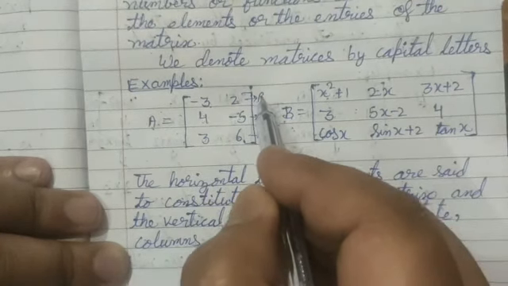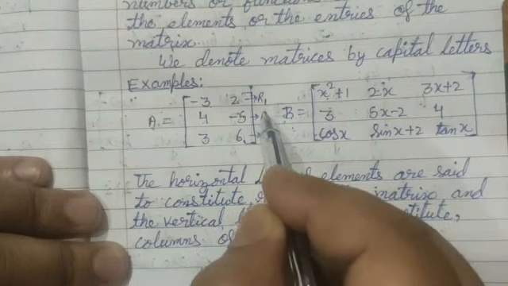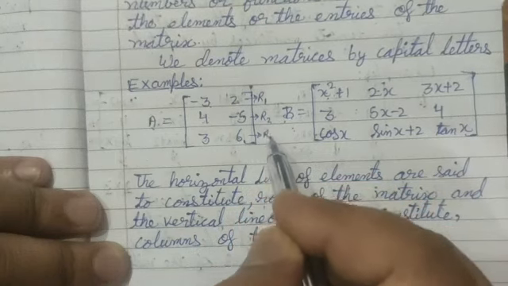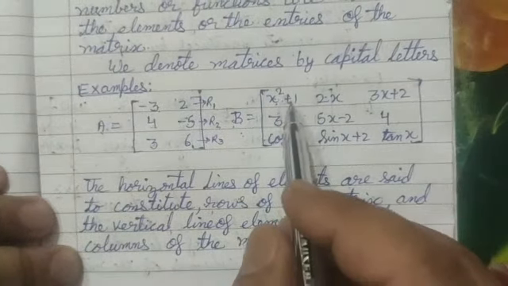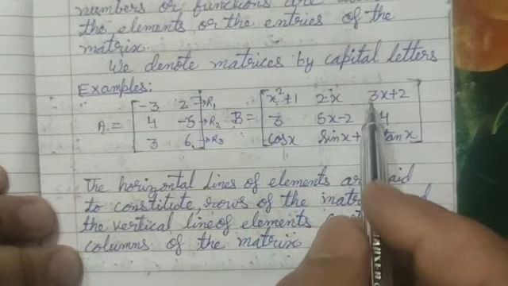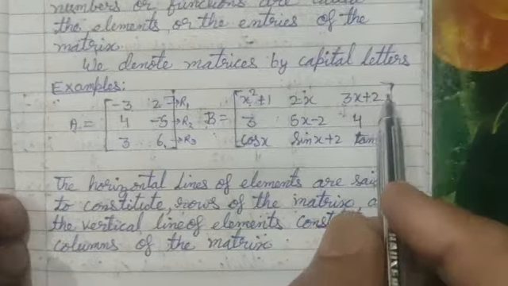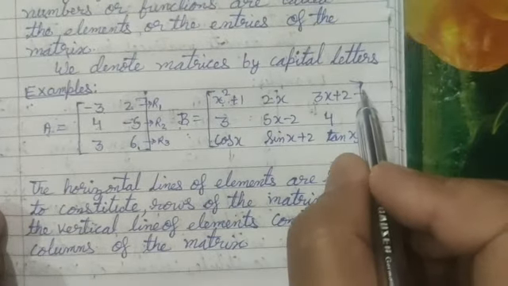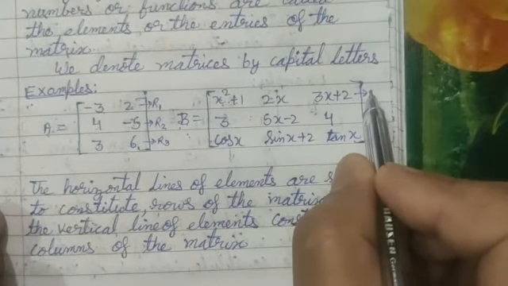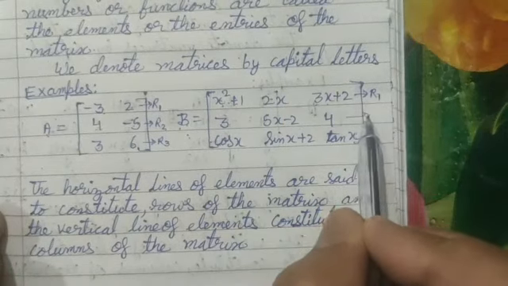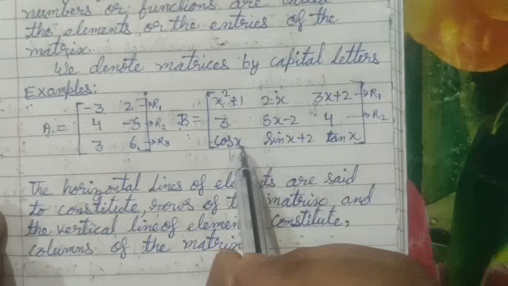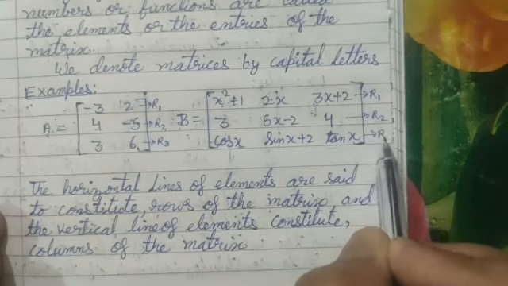That means it has three rows: row 1, row 2 and row 3. Similarly, in matrix B, x square plus 1, 2x and 3x plus 2 make the first horizontal line, which will be row 1. Similarly, this will be row 2 and the last one will be row 3.